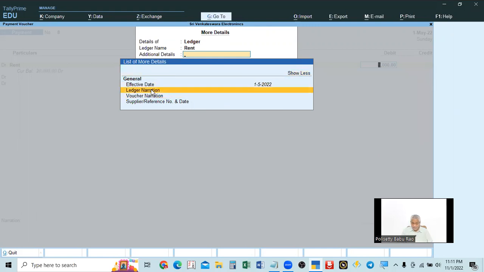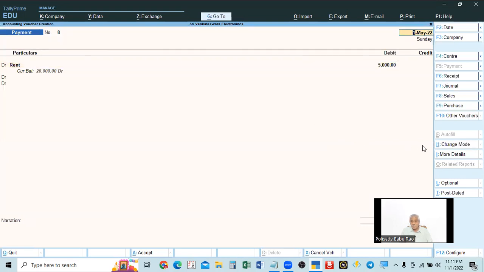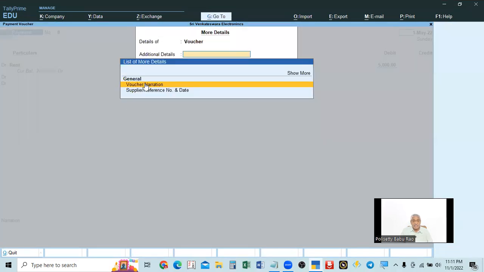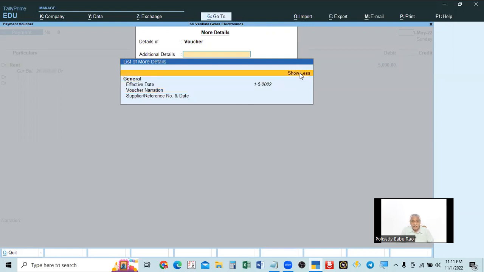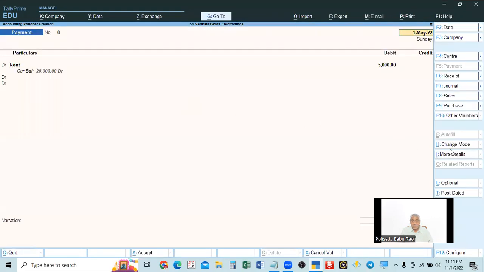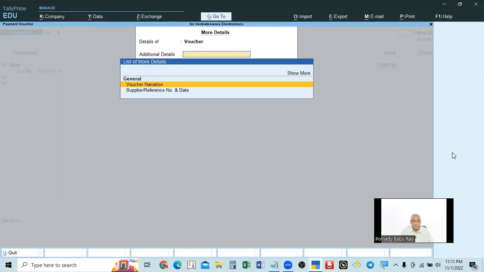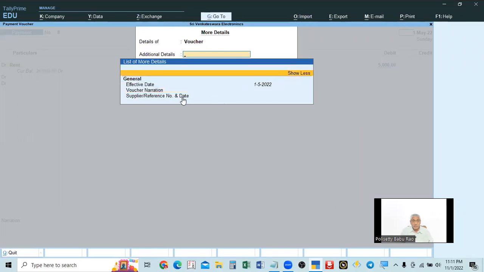The previous one is before that. Here, this is voucher narration. That is narration at the end of the voucher, but it's not required now. We require it for each ledger, not voucher narration.